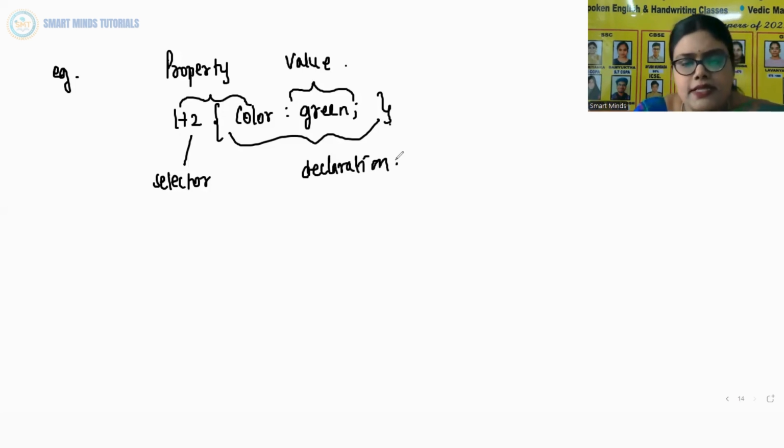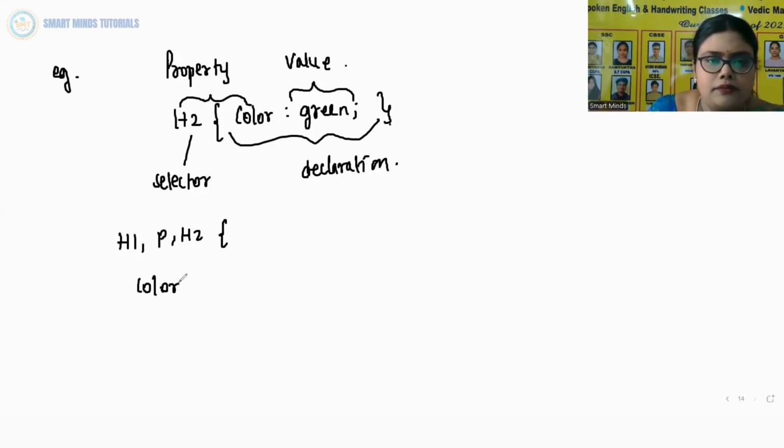So a CSS rule can be applied to more than one element. Let's see how to do that. H1, comma, P, comma, H2. Color green. Font size 32 pixel.